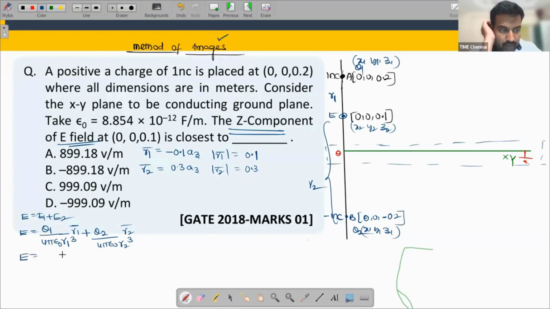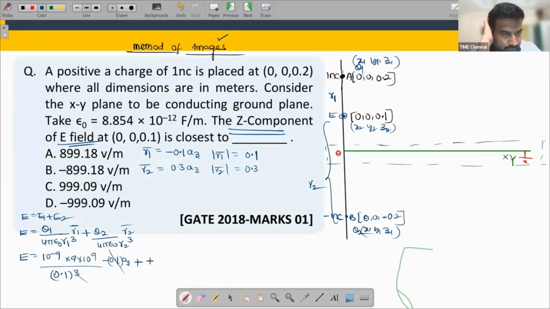E is Q1, 1 nanocoulomb, 1 by 4 pi epsilon naught, 9 into 10 power 9, R1 by 0.1 whole cube into R1, that is minus 0.1 AZ. The 0.1 gets cancelled.